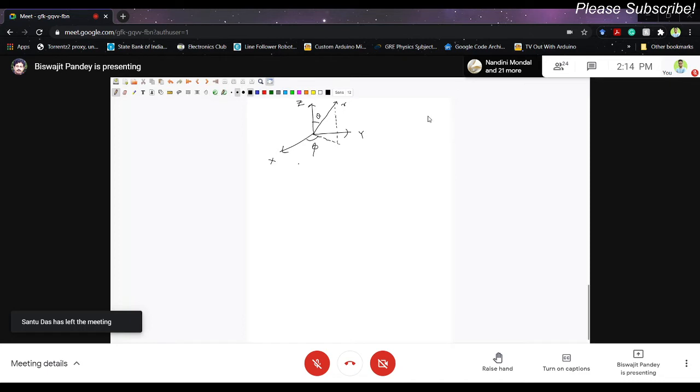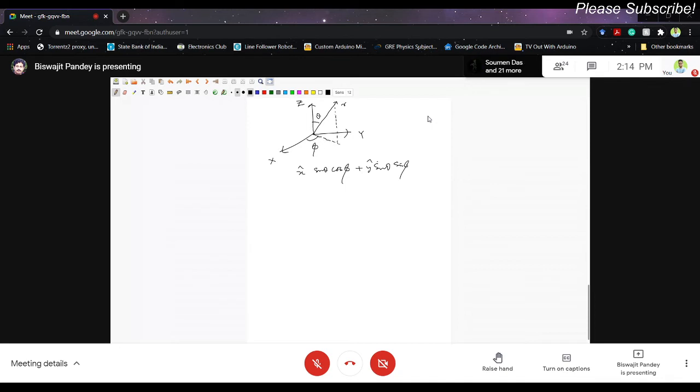So we can combine these vectors. If I combine, say, the unit vector r cap, you can write this as x cap sine theta cos phi plus y cap sine theta sine phi.